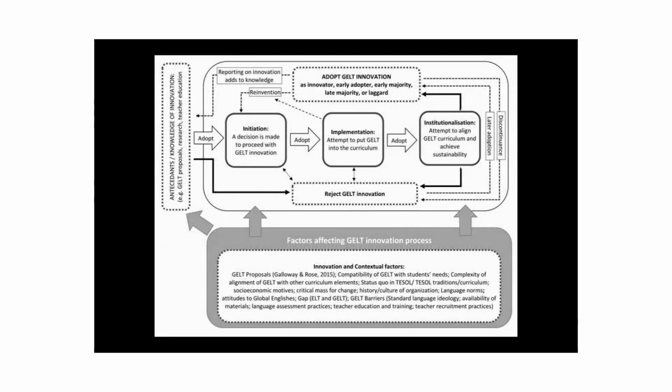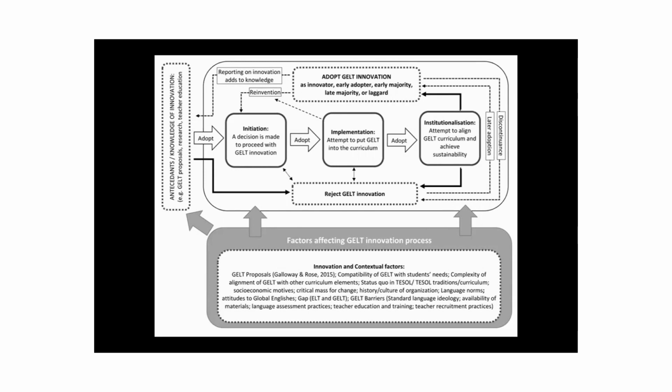This is an innovation model that is based on Rogers, and this is to say that innovation is complex, right? It's not easy. Even if a teacher wants to adopt something, there are lots of obstacles in the way that might cause them to discontinue it, or might cause it not to be more widely adopted within an educational institution.